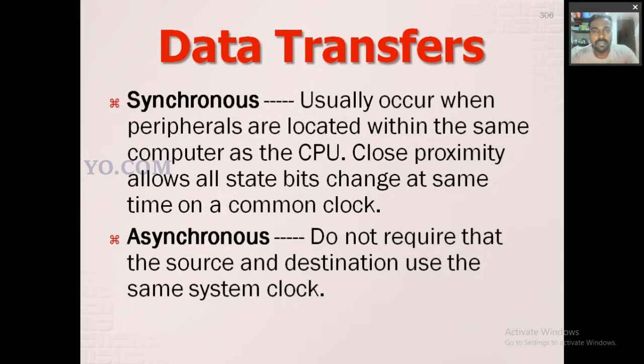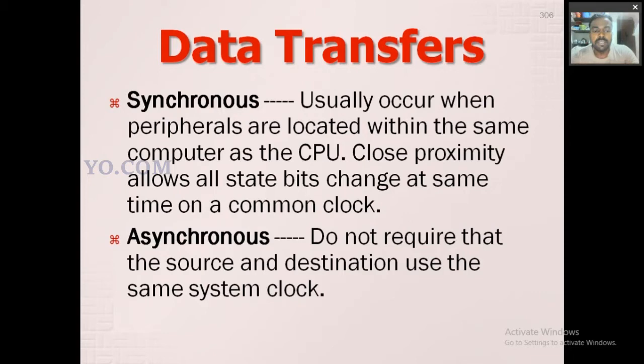The main purpose is data transfer between input device and output device. The microprocessor cannot transfer data directly to any input device or output device, so we need an intermediate device, that is called an I/O interface.